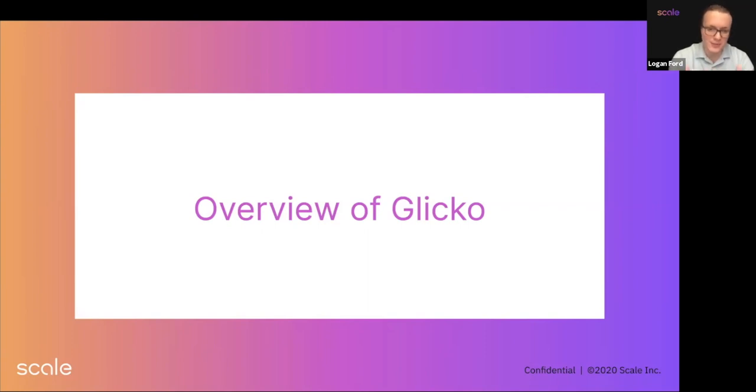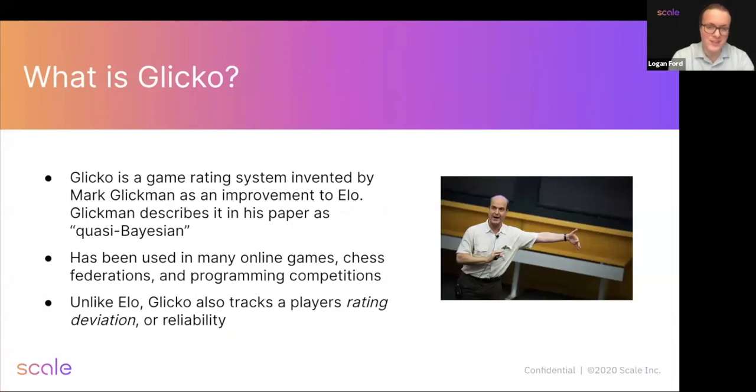It's been used in chess, for example, as well as online games for matchmaking and for pinning down the skill of different players in games. It was made by Mark Glickman as an improvement to Elo, and he describes it as quasi-Bayesian, and we'll dig into the math a little bit in a second. Like I said, it's been used in many online games, chess federations, even programming competitions.